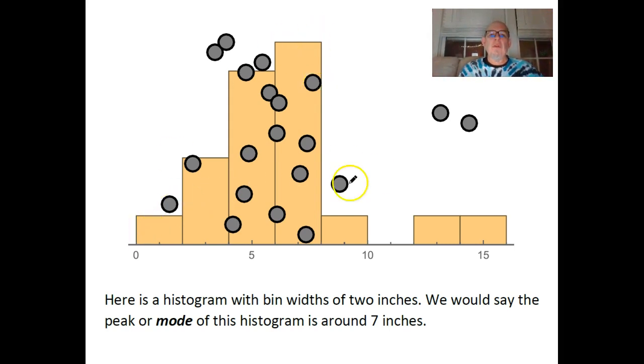But when I do this one, and it's just a basic one, starting at 0 and going in bin widths of 2 inches, I see that there's a zone here, these two especially, that has a lot of the data. The data density is the greatest in here, and it peaks right here. So I might say for this that 7 makes a good center, and when we talk about peaks we use the word mode, that the mode here is around 7 inches.